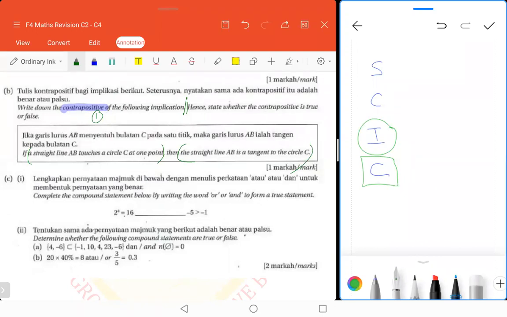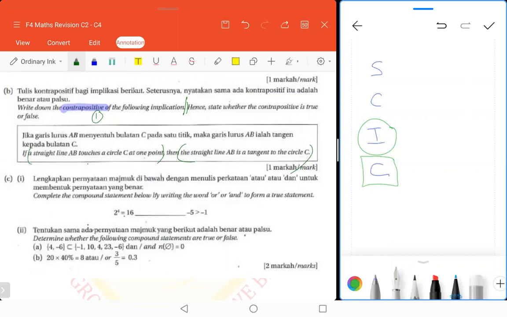Okay. Never mind, let's see the answer. This is C wrongly. Okay. SCIC means contrapositive is the last one.